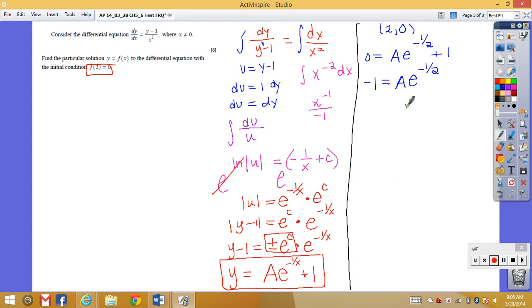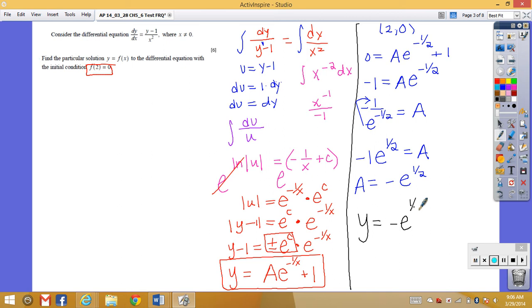Then I'm going to divide by e to the negative 1/2 to get a, and that just looks really odd because I have a negative exponent, so I'm going to make that a positive exponent. This will move upstairs and become positive, so negative 1 times e to the positive 1/2 is equal to a. So a is just equal to negative e to the 1/2. Therefore, the actual equation is y is equal to negative e to the 1/2 times e to the negative 1 over x plus 1. Okay?